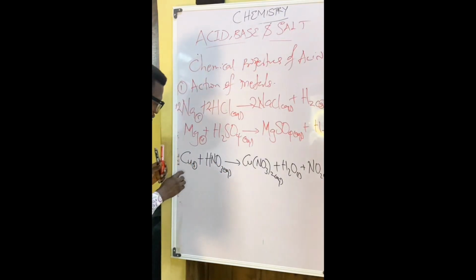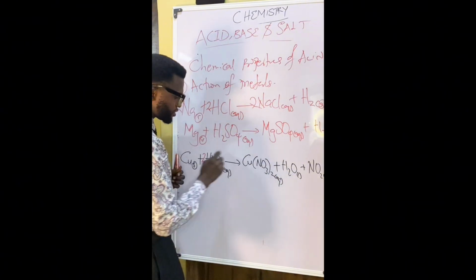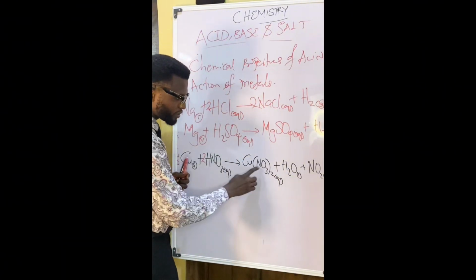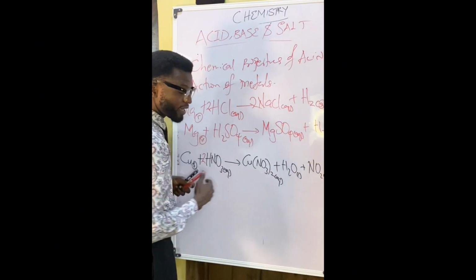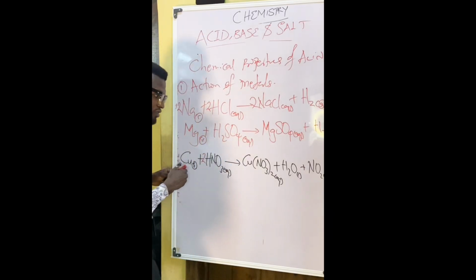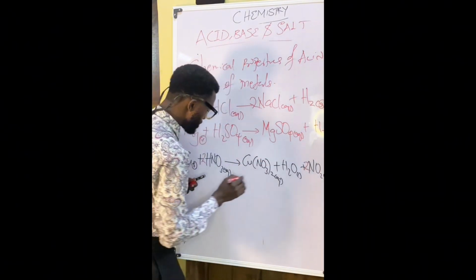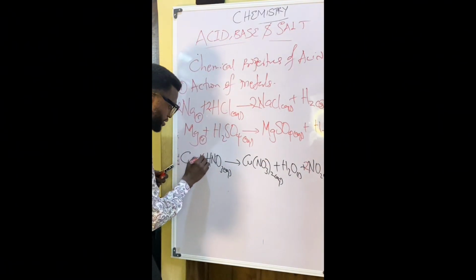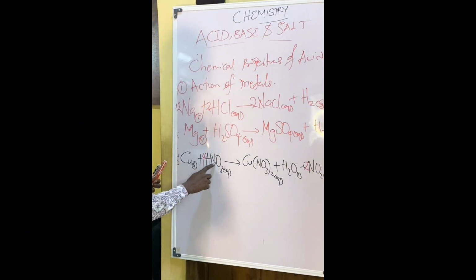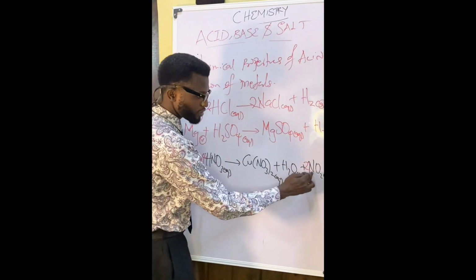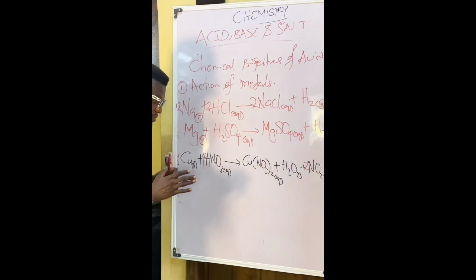So we balance the equation: copper 1, we'll place a 2 here. So hydrogen 2, hydrogen 2, nitrogen here is 2, plus 1 here, that is 3. So nitrogen is unbalanced. I'll put a 2 here, making 4, and then I'll place a 4 here. So nitrogen here is 4, nitrogen here is 2, nitrogen here is 2, that's 4, balanced.